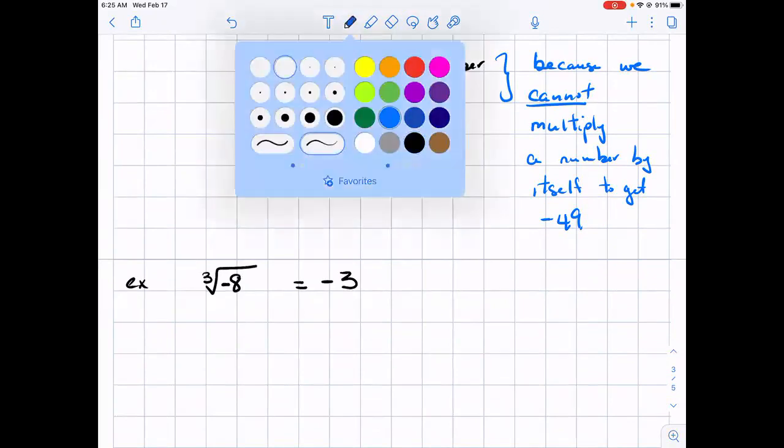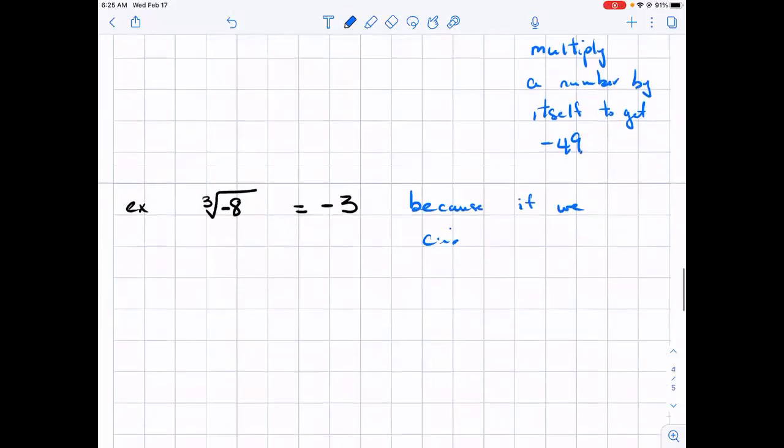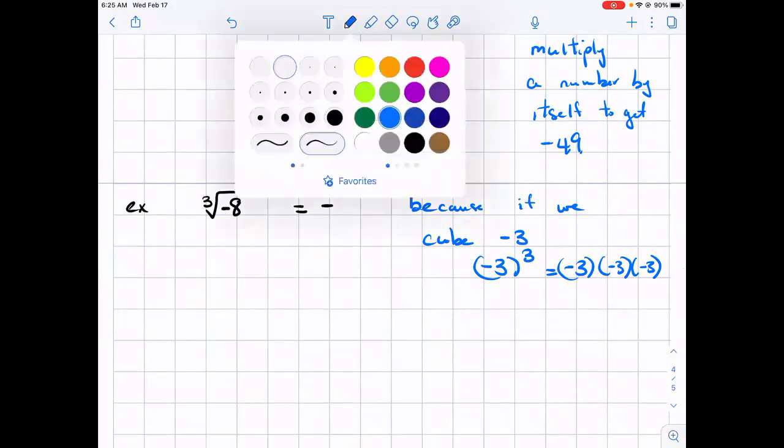And the reason is because if we cube negative 2, meaning negative 2 cubed, this becomes negative 2 times negative 2 times negative 2.